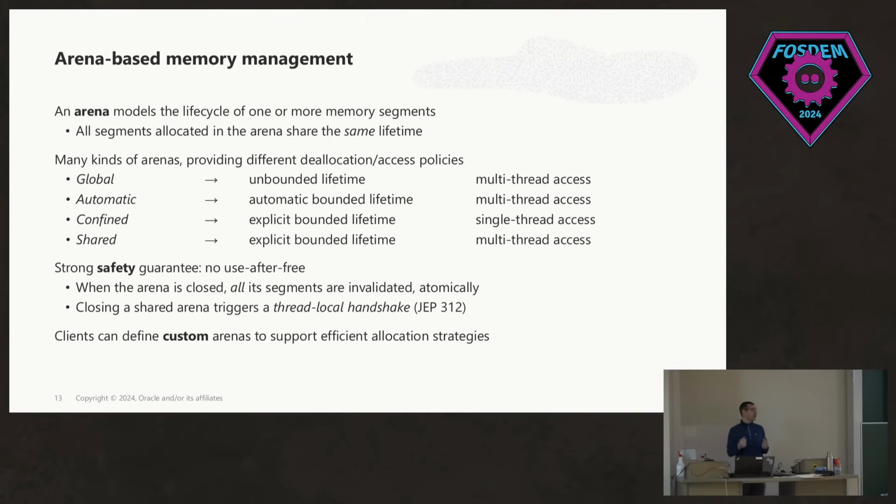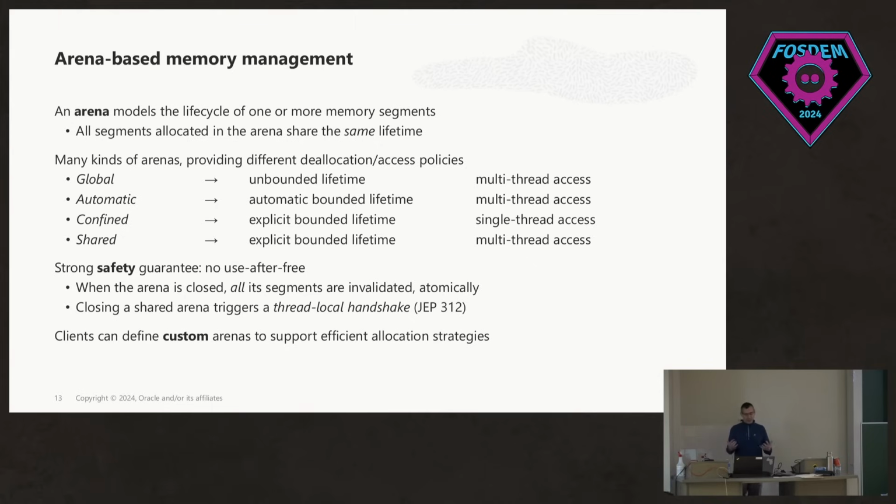And in the shared case, we had to do a lot of JVM black magic in order to make this work. Because, of course, you can think, well, we just put a lock. Whenever you access a memory segment, we check whether the segment is still alive using an expensive operation, and then you realize that memory access is like 10x slower than before.